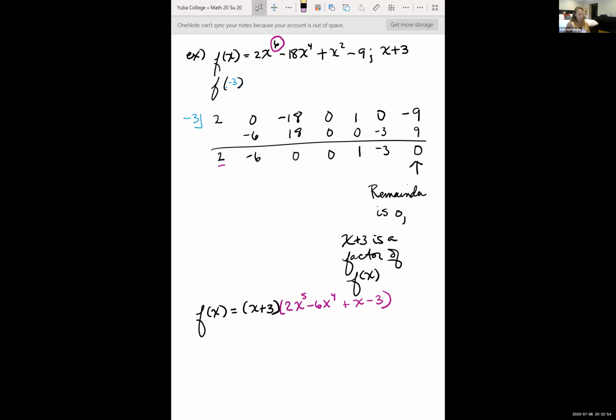Okay, so there's lots of theorems in here. There's a theorem that says if you have a degree of your polynomial, there cannot be more zeros than our degree.